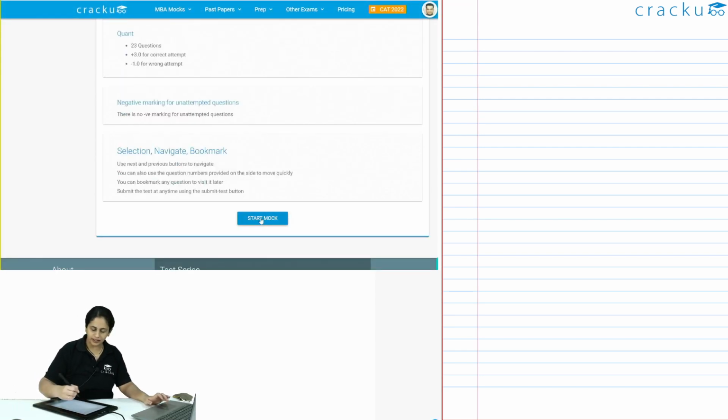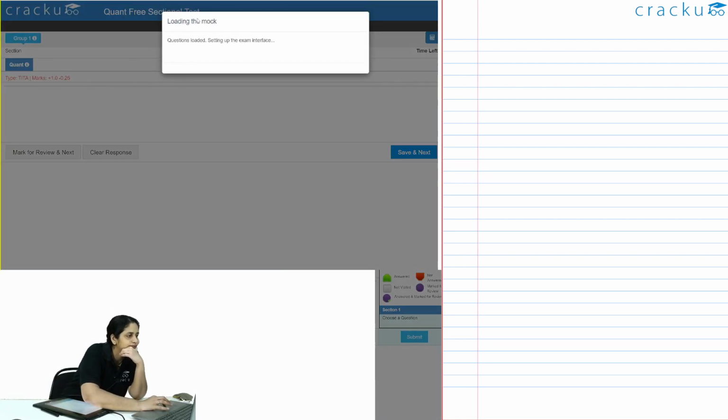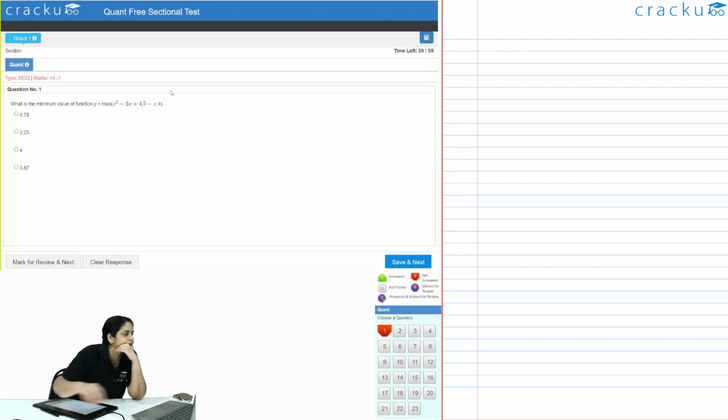I have a rough sheet with me, which is similar to what you'd get in CAT, and I'll be using the on-screen calculator. So let's go. What is the maximum value of the function?